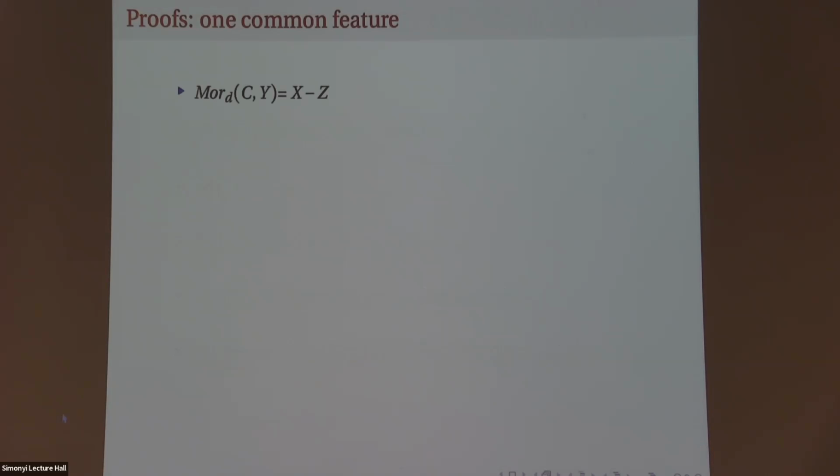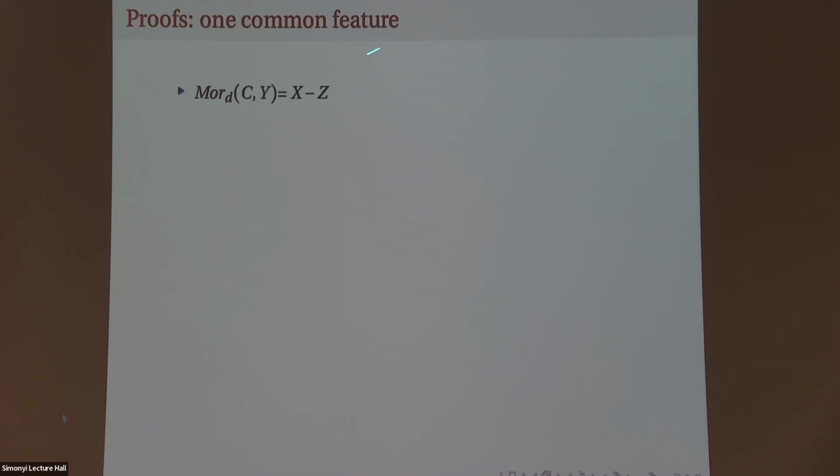Okay, so what goes behind constructing a general strategy to prove either of these theorems? Before I get into that, consider the morphisms from C to Y, where again, remember that Y is a weighted projective stack or a complete simplicial toric variety.